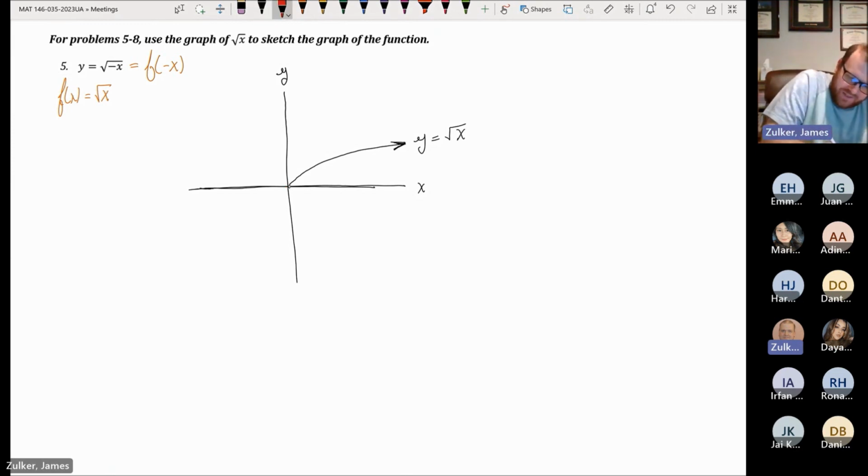So just a rough sketch. Looks something like that. So this one.